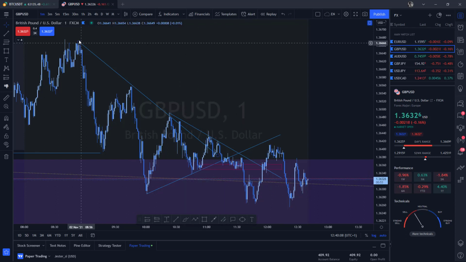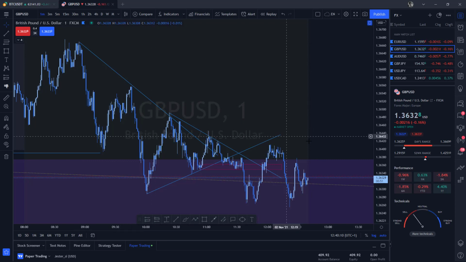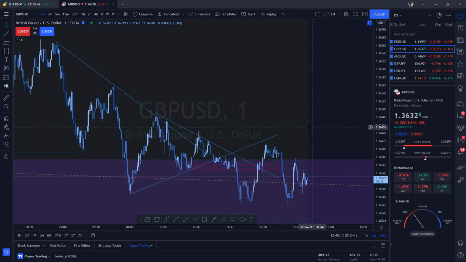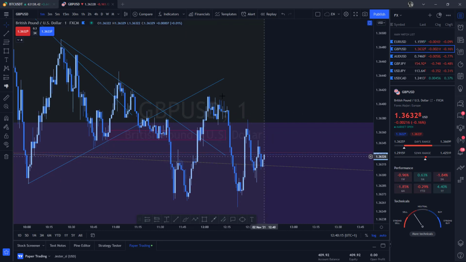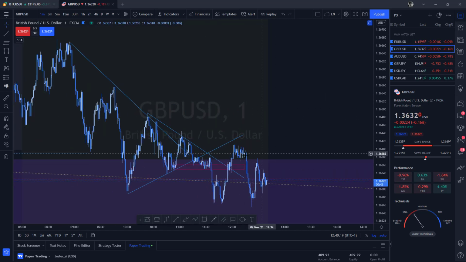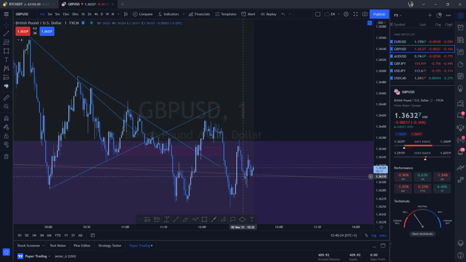For now the order flow is still bearish here. This would be the first high in this structure that I would like to be broken for looking for longs. I was also expecting some longs here, but it didn't happen. There was liquidity below these lows and these lows here.